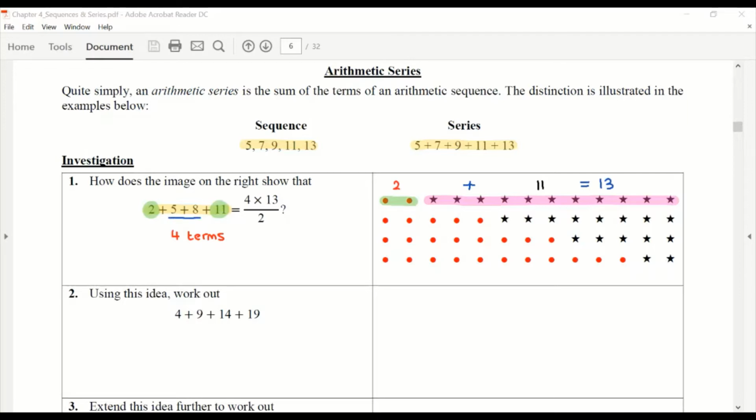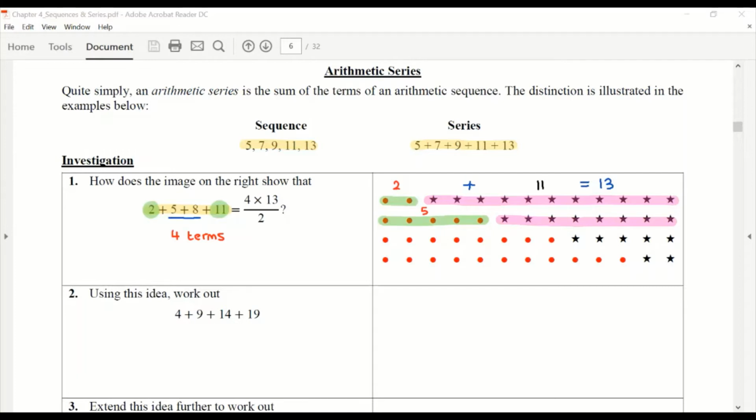Now, where does that manifest in the diagram? Well, let's have a look at the second row. We have 5 red dots this time. So that corresponds to the second term, which is 5. And if we just highlight those, how many of those black stars do we have?